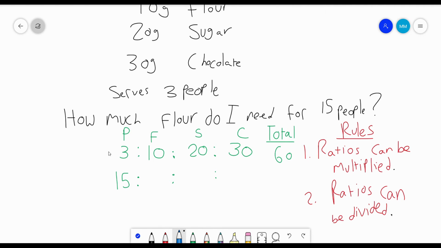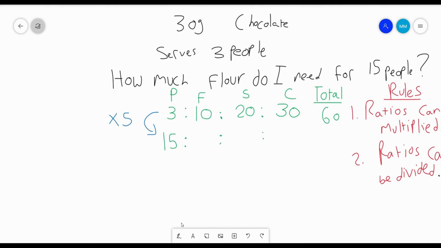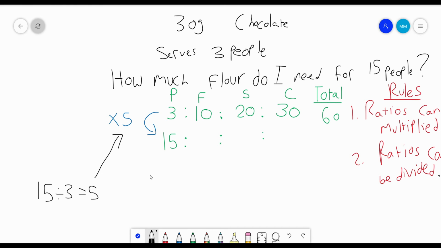Take a blue pen. So I would label my diagram like so. 3 times 5 got me 15, and we follow the arrow. If you didn't know 3 5s are 15, then in the exam what you can do to work out what we multiplied by is biggest number divided by smallest number. 15 divided by 3 equals 5, so now I know that I multiplied by 5.